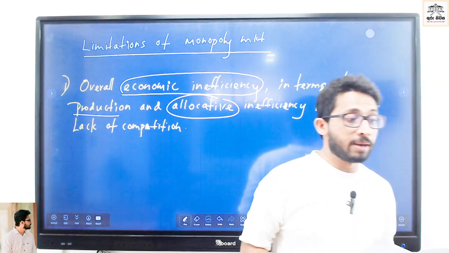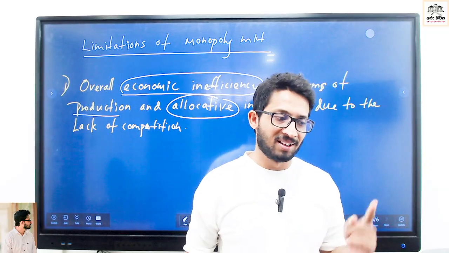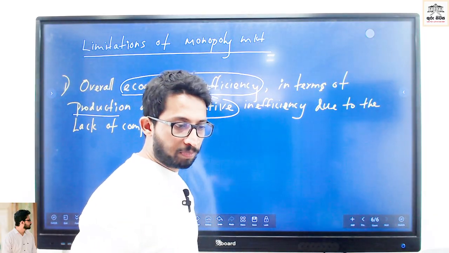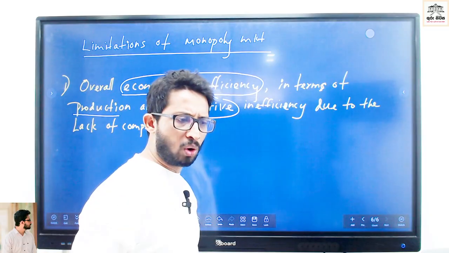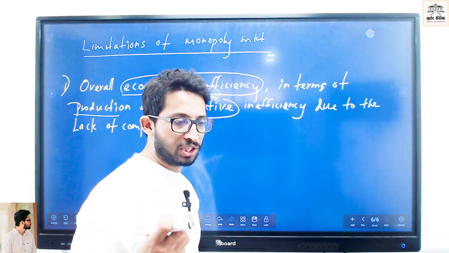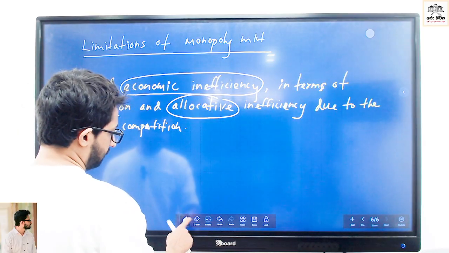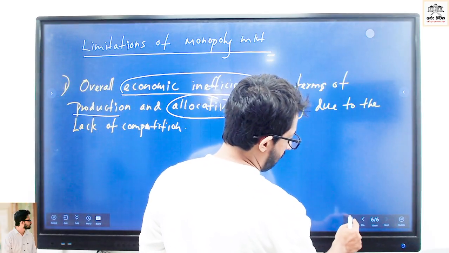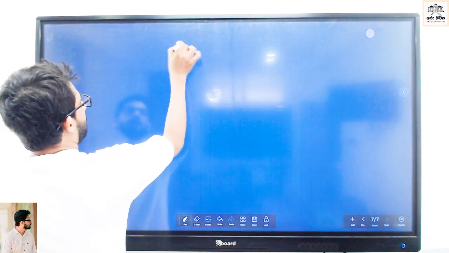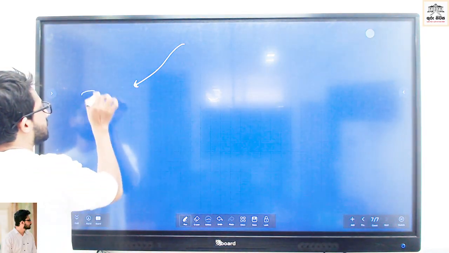Can you remember that economic efficiency consists of two parts, productive efficiency and allocative efficiency? I want definitions for that. I don't expect perfect definitions, but as you can remember, please give me a brief definition for productive efficiency and allocative efficiency. There are two parts of economic efficiency. First one, productive efficiency.